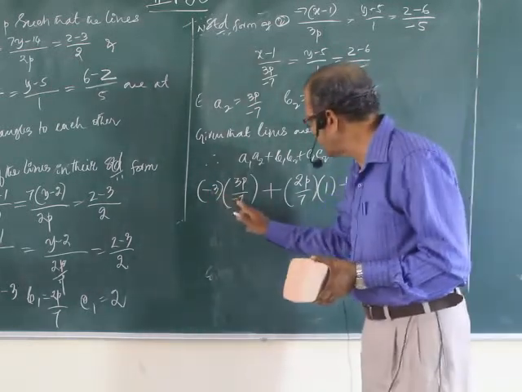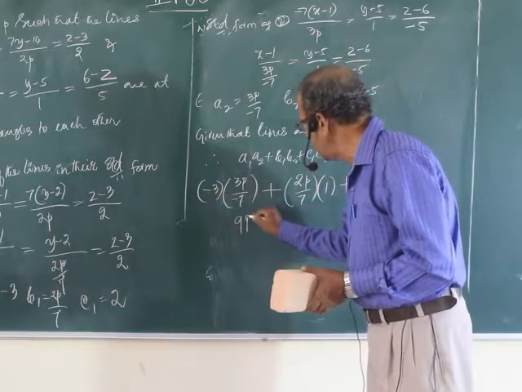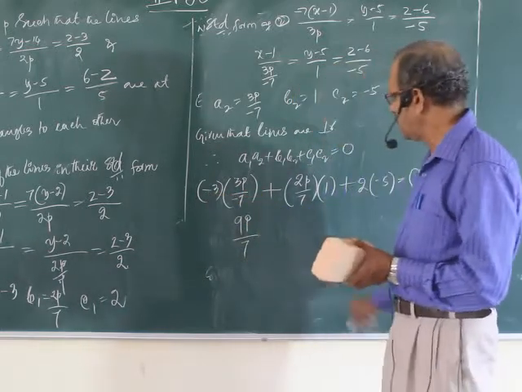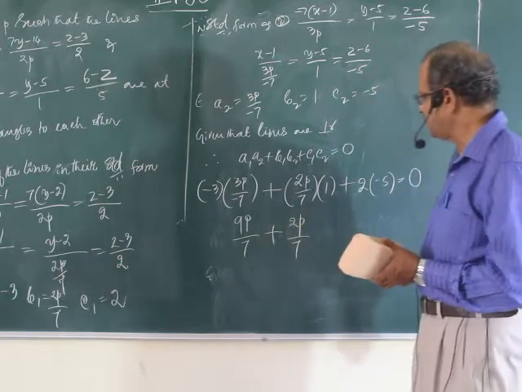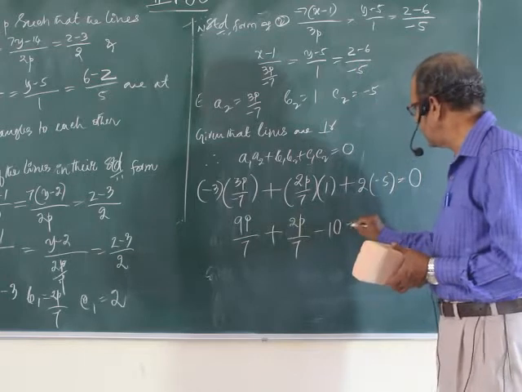Minus minus cancels: 9p by 7 plus 2p by 7 minus 10 equal to 0.